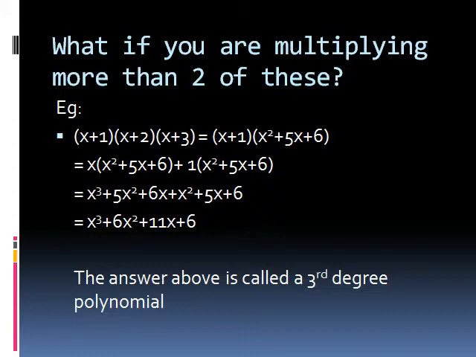This would lead to x cubed plus 5x squared plus 6x plus x squared plus 5x plus 6. And if we collect the like terms, such as the x squareds with the x squareds and the x's with the x's, we would have the answer of x cubed plus 6x squared plus 11x plus 6.